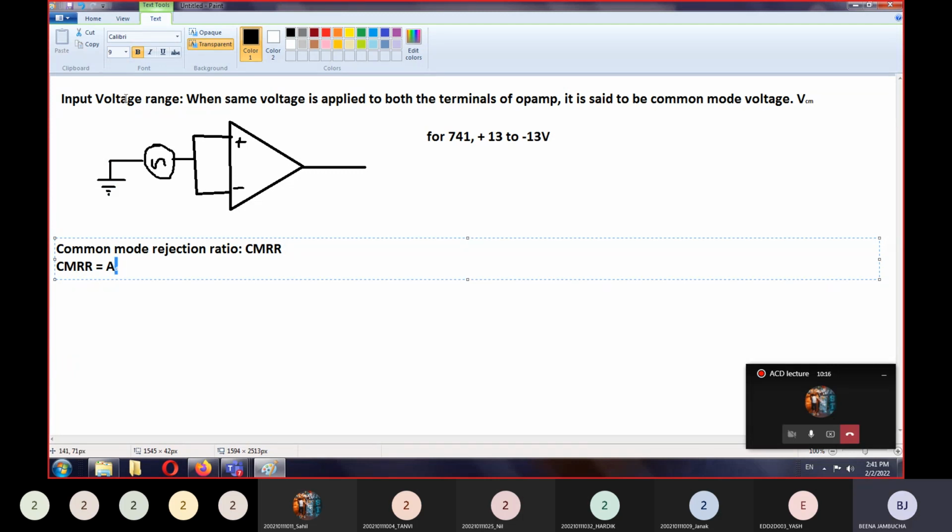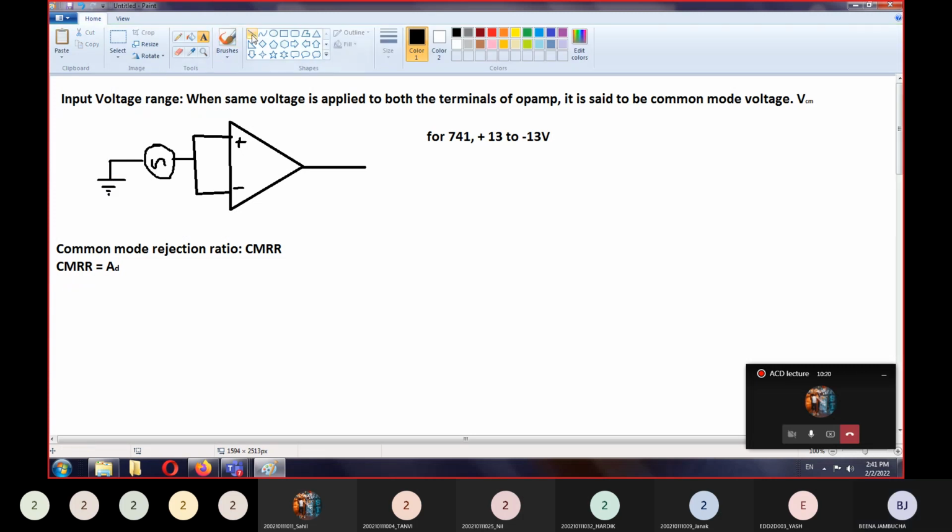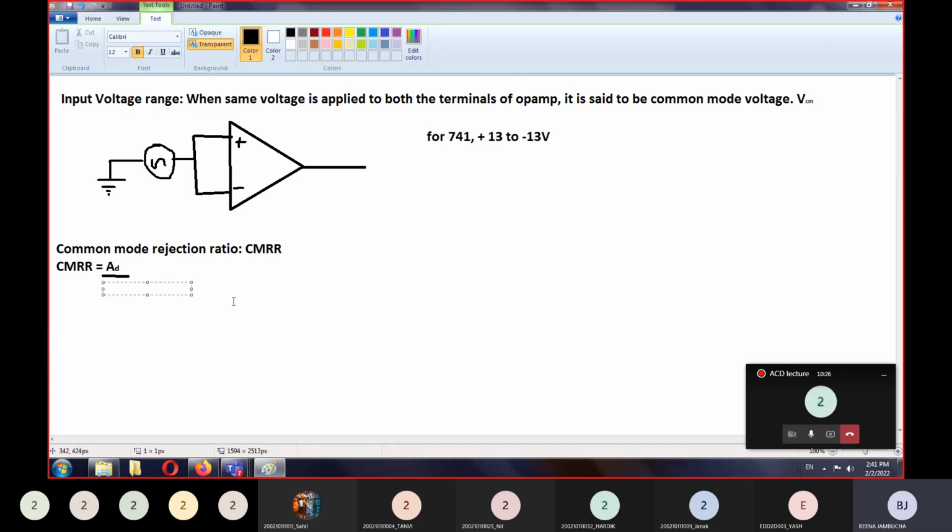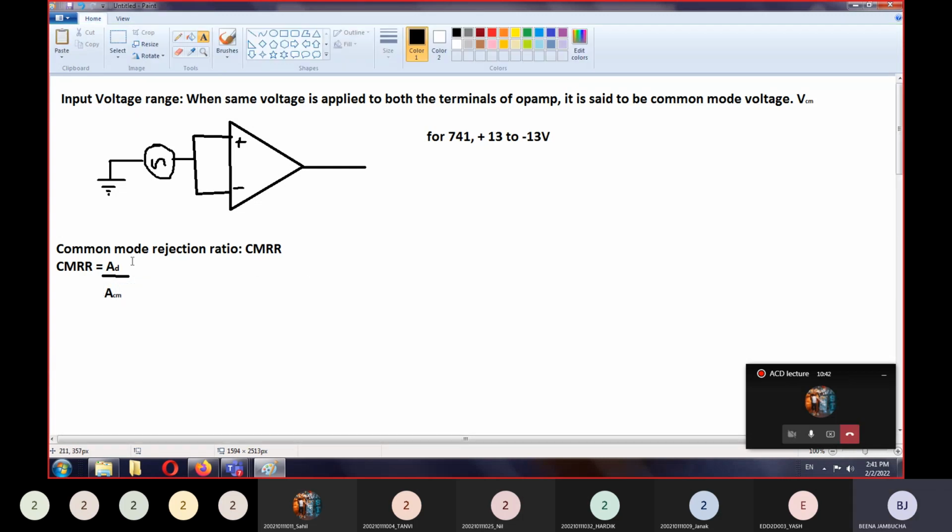For common mode gain, we'll call it ACM, with the suffix CM, where AD is the differential gain.